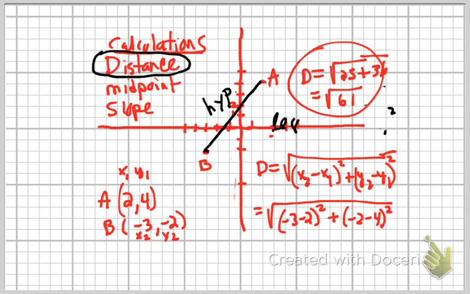But root 61, let's think about that in decimal form. The square root of 49 is 7, and the square root of 64 is 8. You can type that out and get a decimal. I'll type it out right now. So root 61 is about 7.8.